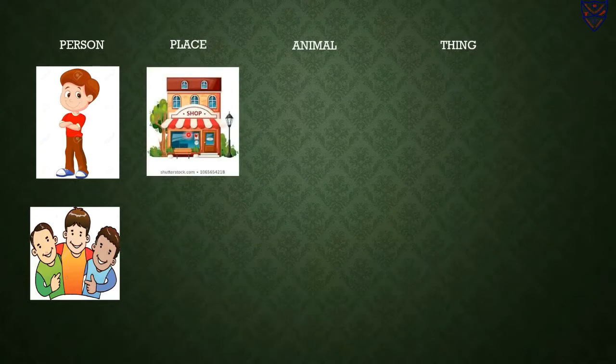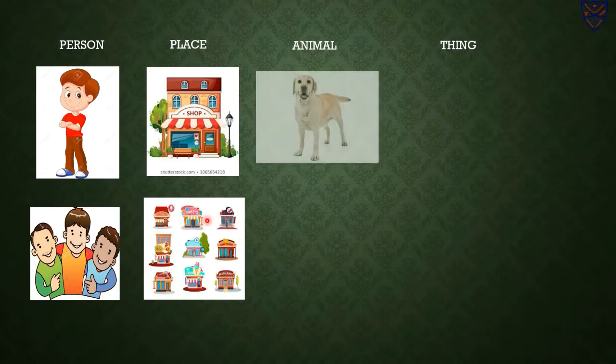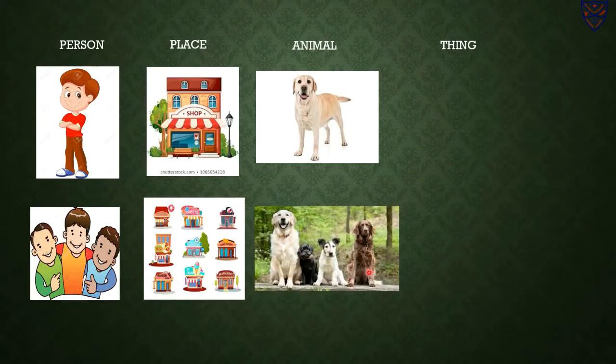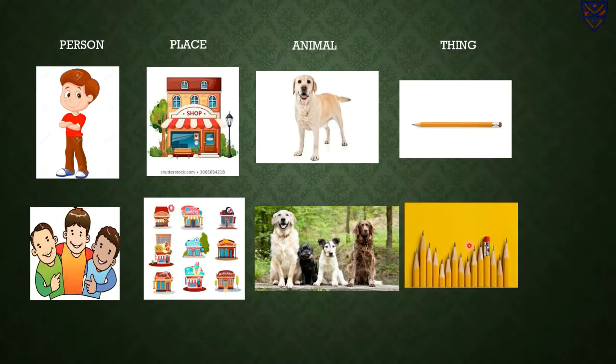Here you can see a shop, one shop, and here you can see many shops. Here you can see a dog, one dog, and here you can see many dogs, right? Here you can see a pencil, one pencil. And here you can see many pencils, right?